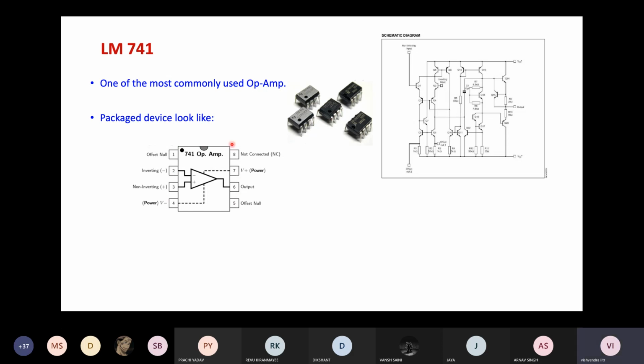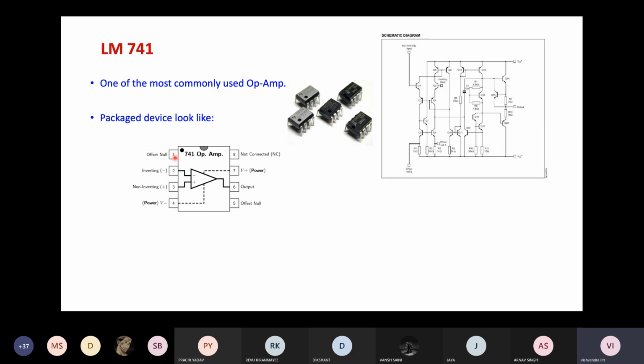And you might have guessed by now why this name 741 is there. The 741, because on pin number 7, pin number 4, and pin number 1, on 7 and 4, we connect power supplies essentially.